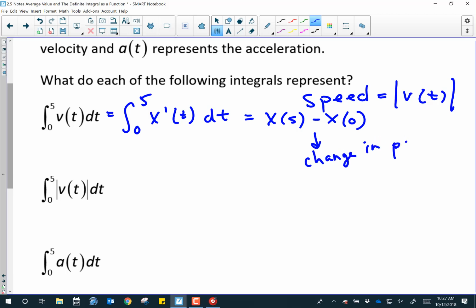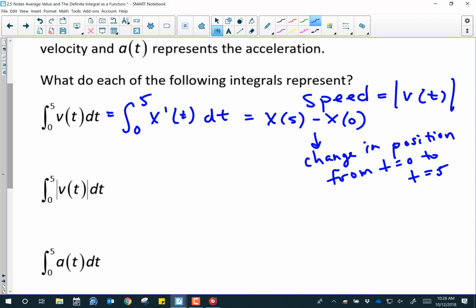So this is change in position. Whenever you're interpreting an integral, it's always best to say change in whatever you're accumulating from t equals 0 to t equals 5. So again, if I started here, walked over here a little bit, and then up here, my change of position was -2. And it has a negative because it means I'm to the left of where I started.